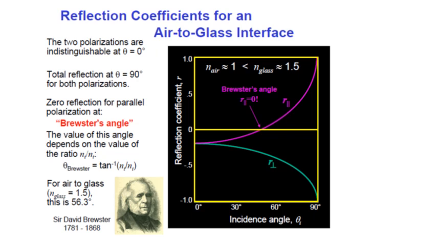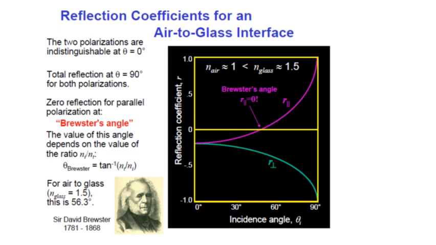These two polarizations are indistinguishable at theta equal to 0 degrees, and there is total reflection at theta equal to 90 degrees for both polarizations. There is zero reflection for parallel polarization at the Brewster angle.